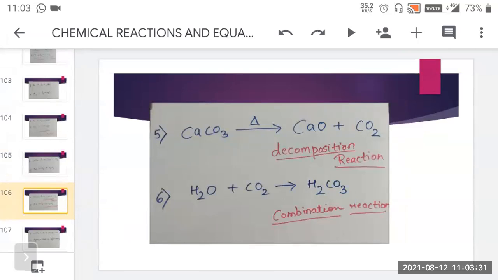Again, if you want to balance the equation, just try to balance it. Write the number of elements on the left hand side, the reactant side, and on the right hand side, the product side. Then you will see that the number of hydrogen is similar in both reactant and product side. Number of carbon is also similar and number of oxygen is also similar. That means here we don't need to balance the chemical equation.